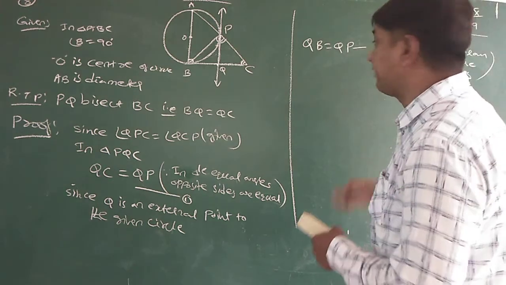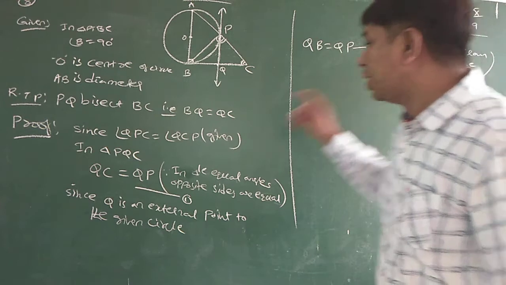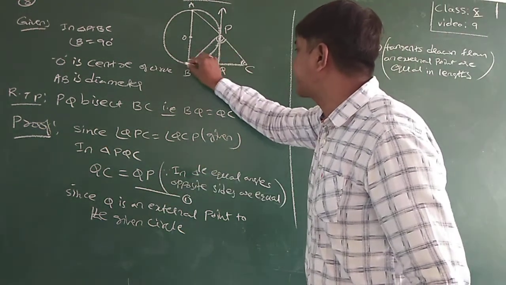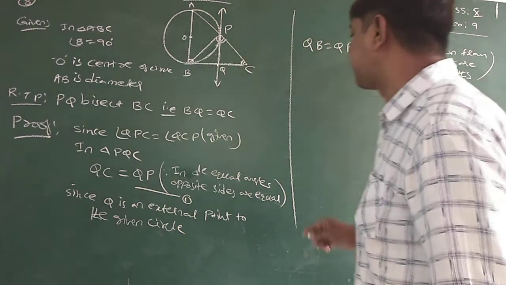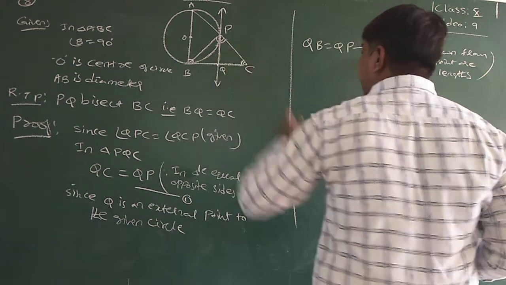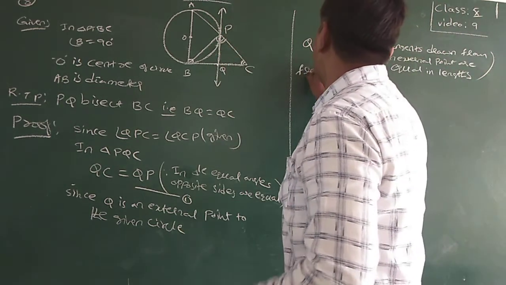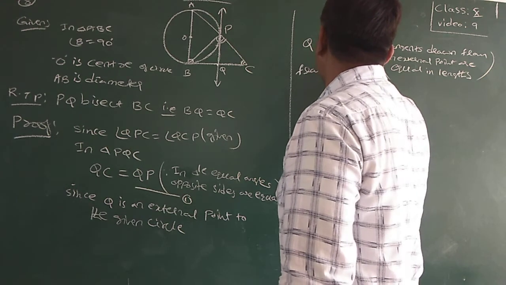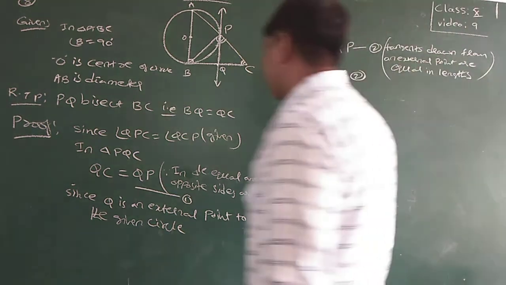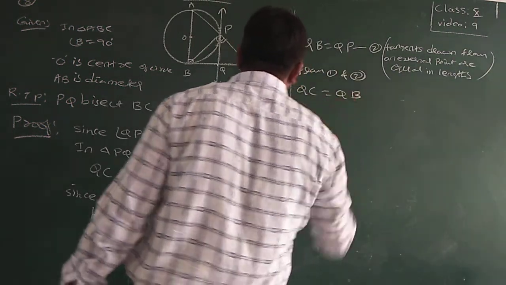This is the second equation. Now in the first equation and the second equation, QP is common. QP is shared by this triangle as well as the other. From equation 1 and equation 2, QC is equal to QB.